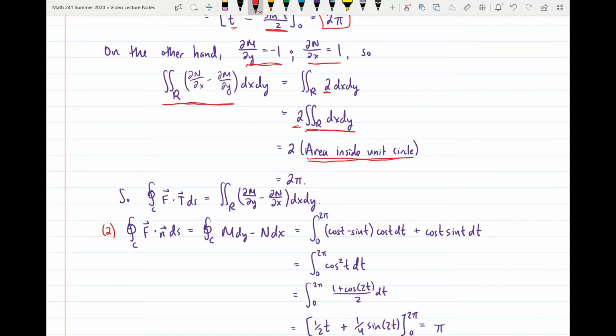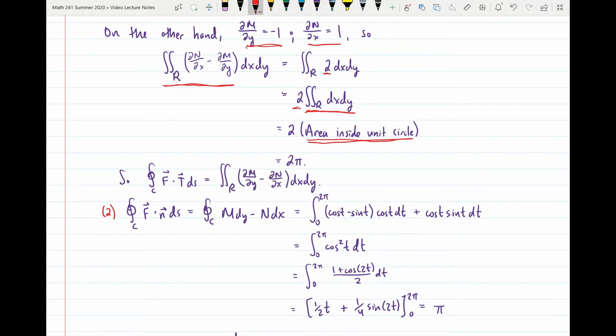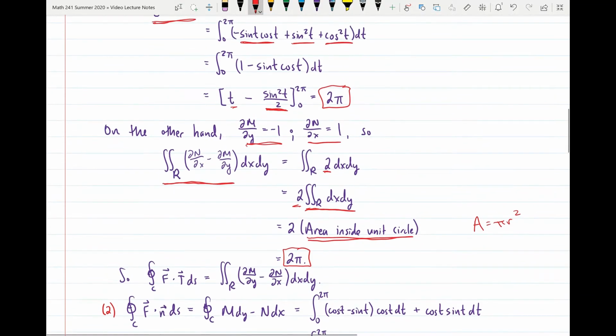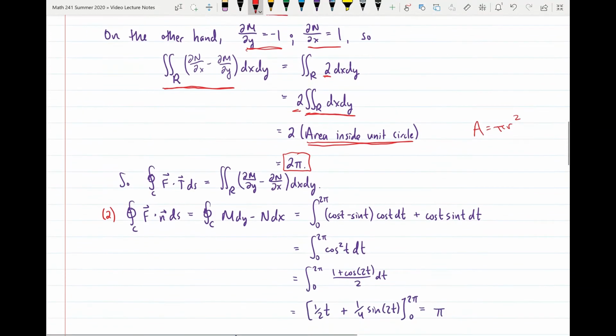So we're left with 2 times the area inside the unit circle, and of course the area inside the unit circle is just pi, because area equals pi r squared, and the radius of the unit circle is 1. And so we find that the value of this double integral is 2 pi. Fortunately that matches up with the value that we got when calculating the line integral. So this example should just verify that Green's theorem is in fact true for our particular example.